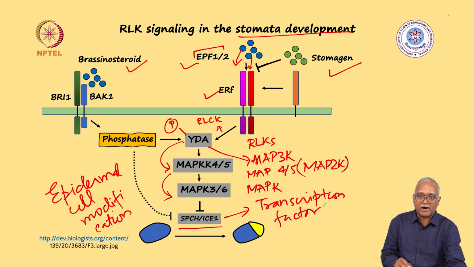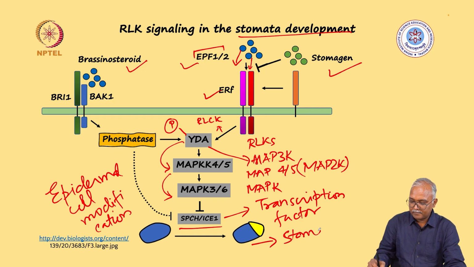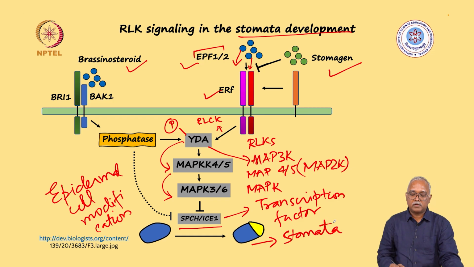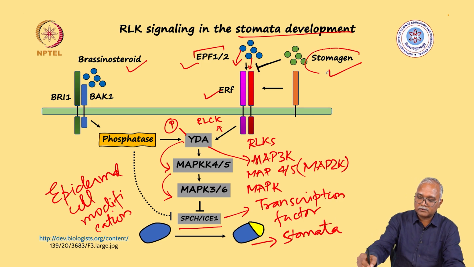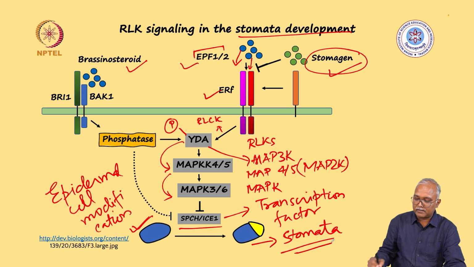What this transcription factor was mediating was conversion of epidermal cells into a cell which will make the stomata. So normally in absence of any of this stomagen kind of signal, epidermal fate is preferred and this epidermal cell is not converting into stomata.